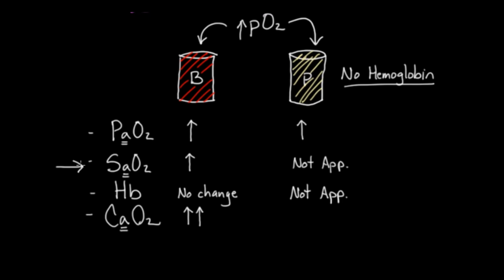On the plasma side, it also increases, but only a little bit, because here you only have the contribution from the PaO2. You have no contribution from any oxygen bound to hemoglobin because, again, there is no hemoglobin. So this problem illustrates some of the ideas, specifically around tying an increase in the partial pressure of oxygen to how that could affect the saturation of oxygen.